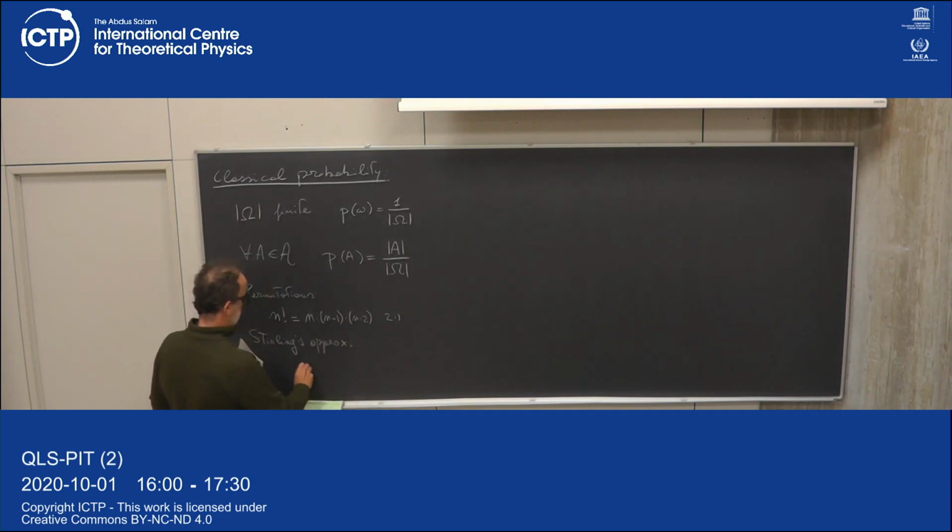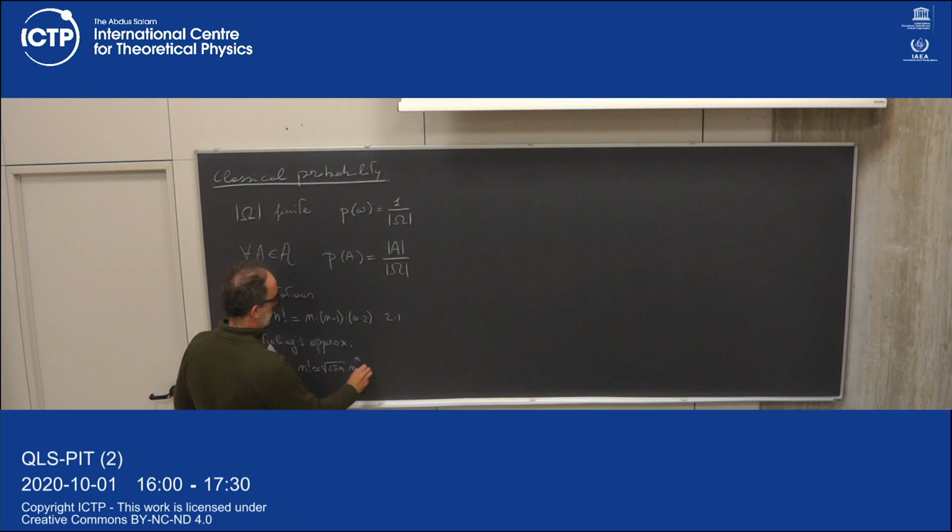That states that n factorial is asymptotically equal to the square root of 2 pi n times n to the n times e to the minus n.